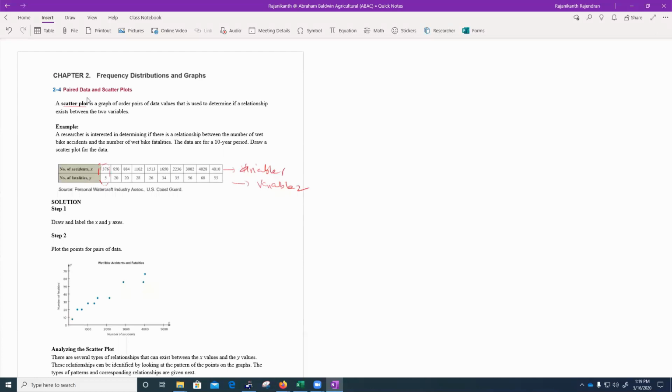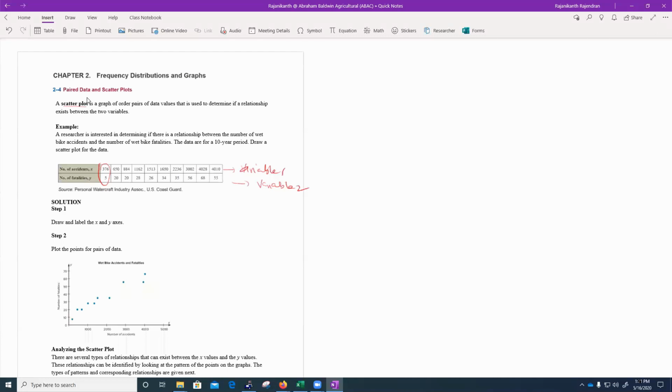If you plot these into x and y, you get a point where x is 376 and y is 5. So 376 will be somewhere here on the x axis, and y equal to 5 will be somewhere here.